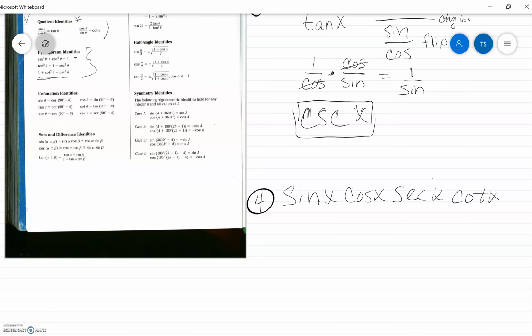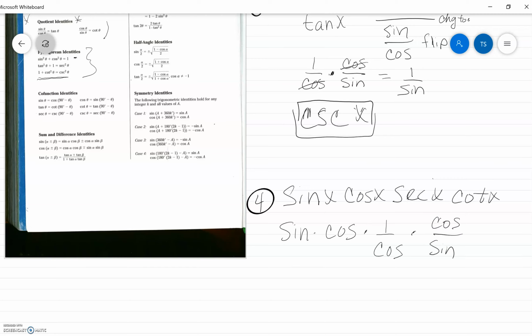And I'm going to go to this secant and cotangent. And I'm going to say, all right, so I got sine x. We can drop off the x in the middle. So I got sine times cosine times 1 over, secant's the reciprocal to cosine. Oh, looky there. Times cotangent, which is, according to the quotient identity, cosine over sine.